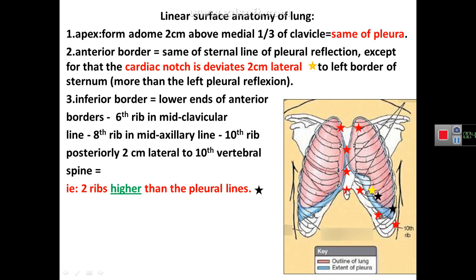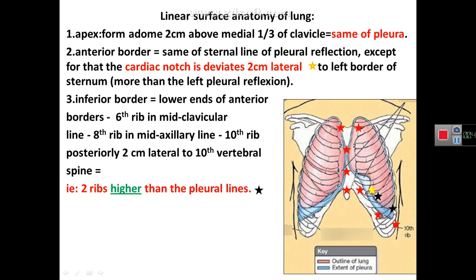On the right side it will be the xiphisternal joint. Then on the left side it will be at the line 2 centimeters lateral to the cardiac notch at the level of the 6th costal cartilage, and this will be connected with the 6th rib at the midclavicular line.